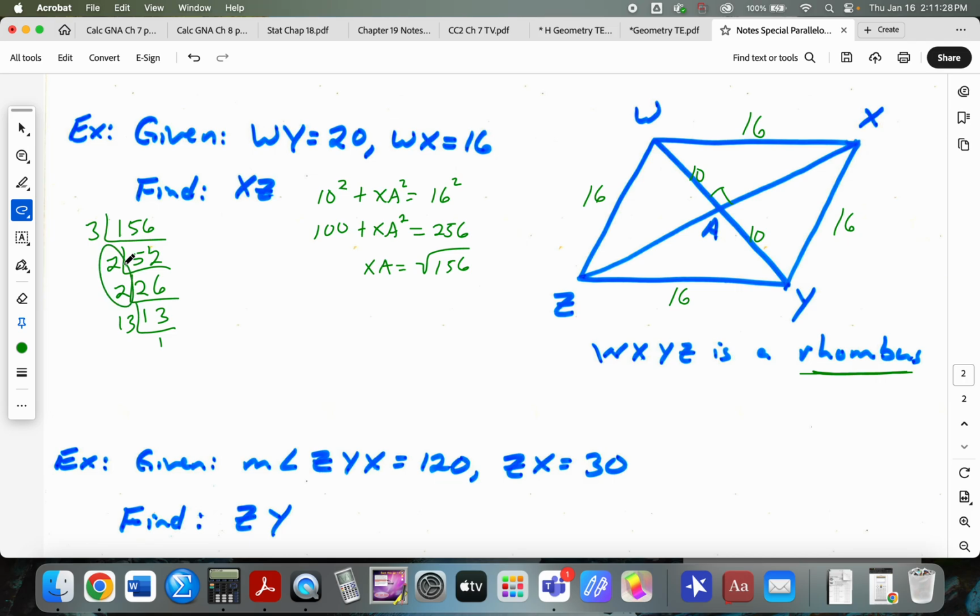So XA, when we subtract and take the square root, is the square root of 156. I'm going to divide that by 3 first. That's 52. 3 won't divide evenly into that, so I'm going to switch to 2. 2 goes into 5 twice with 1 left over. 2 goes into 12 6 times. 2 goes into 26 13 times, and 13 is a prime number. So we've got the square root of 2 times the square root of 2 gives us 2. And I have a square root of 3 still left. And I have a square root of 13 still left. So that's 2 square roots of 39. Perfectly horrible looking number. If that's 2 square roots of 39, this is 2 square roots of 39 also.